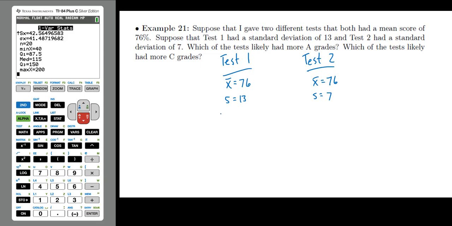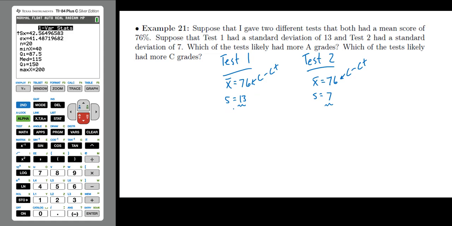All right, so let's think about that a moment. More A grades. Well, first of all, this is a C, right? A C to a C plus kind of a grade, right? Okay, so an A would be significantly above this. So based on these standard deviations, can we tell which of these two tests likely generated more A grades?